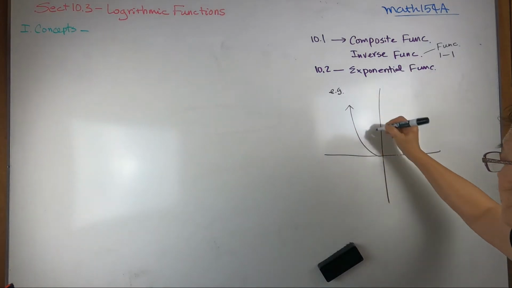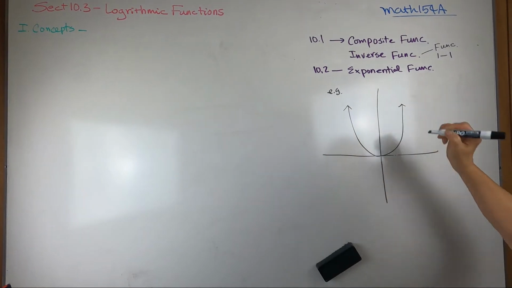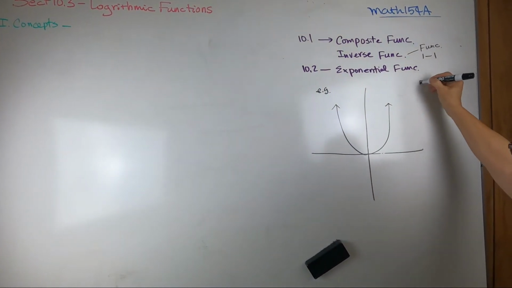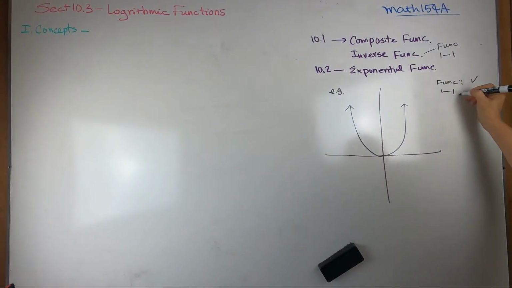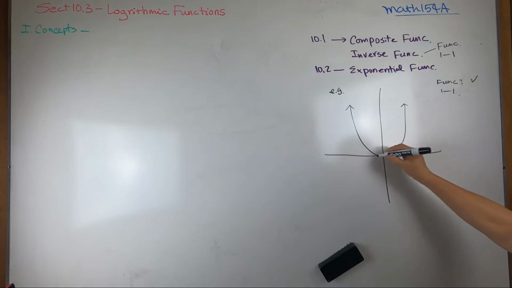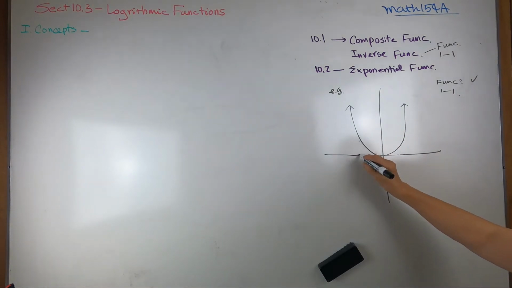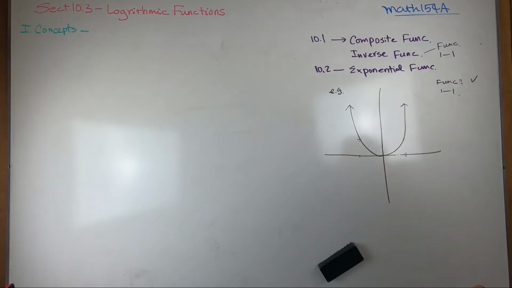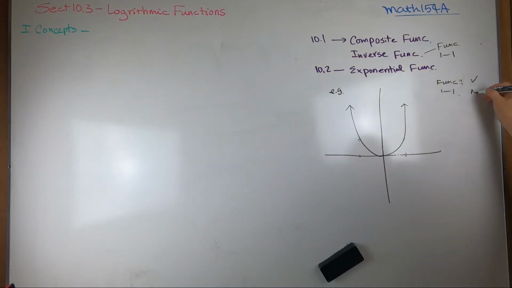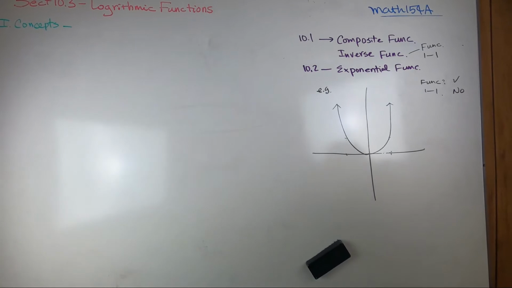A parabola is a function, but it is not 1-to-1, because two numbers may map to the same y value.